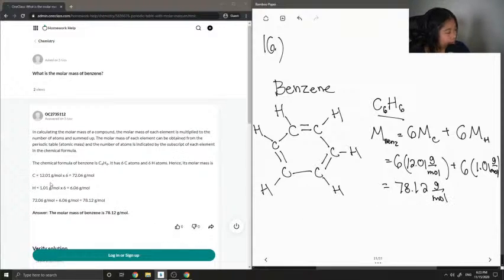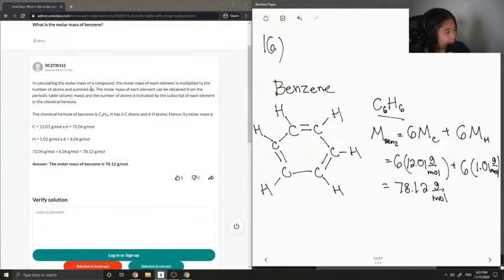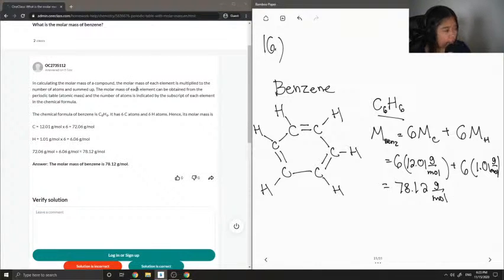Okay, so the junior tutor said, in calculating the molar mass of a compound, the molar mass of each element is multiplied to the number of atoms and summed up. The molar mass of each element can be obtained from the periodic table, atomic mass, and the number of atoms is indicated by the subscript of each element in the chemical formula.